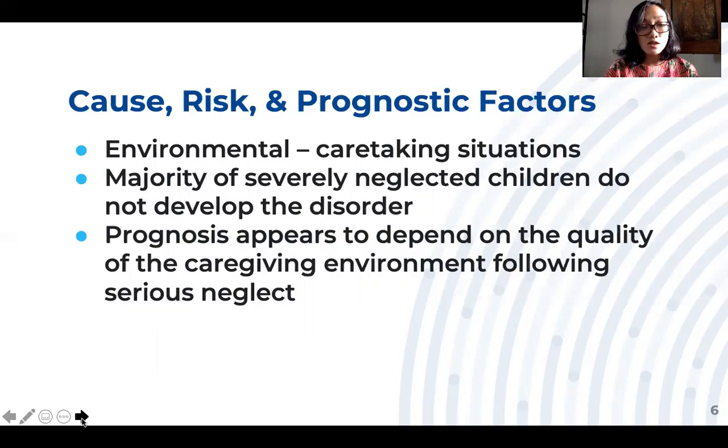Young children in healthy relationships, when their basic needs are consistently attended to, build a sense of trust between the young child and the caregivers. But for children developing RAD, this trust is not established between the child and the caretakers.